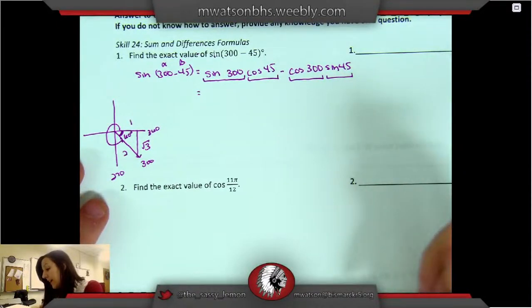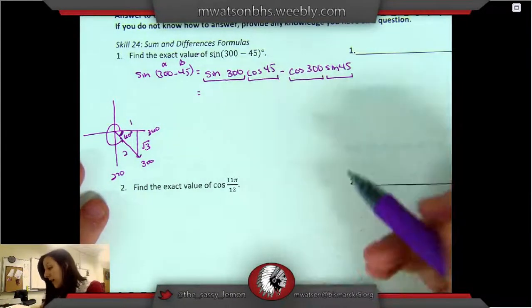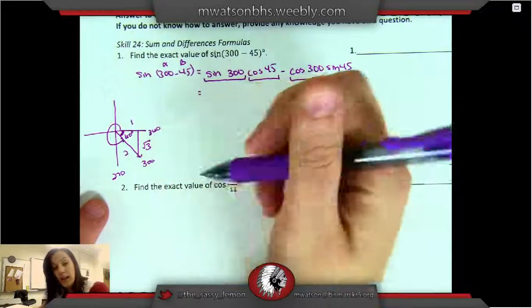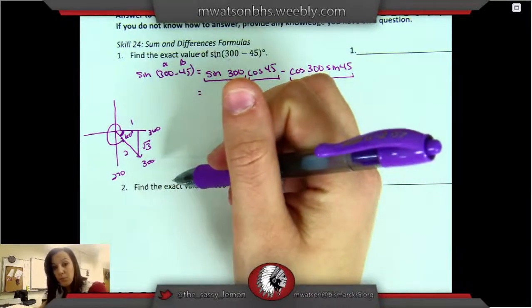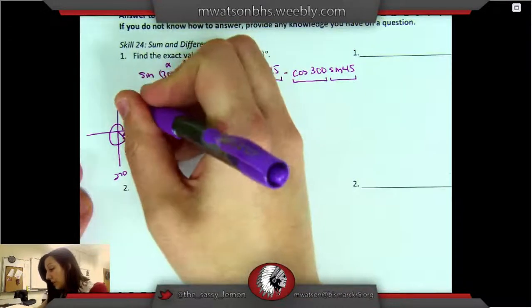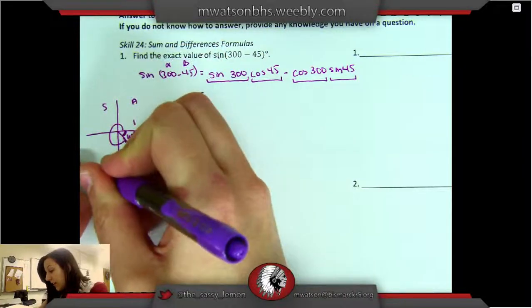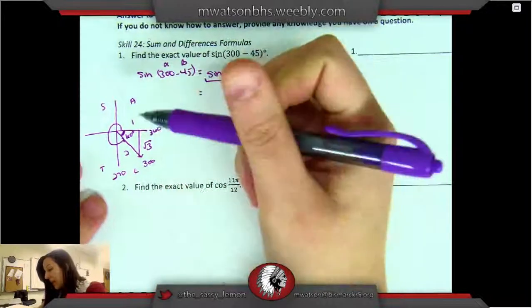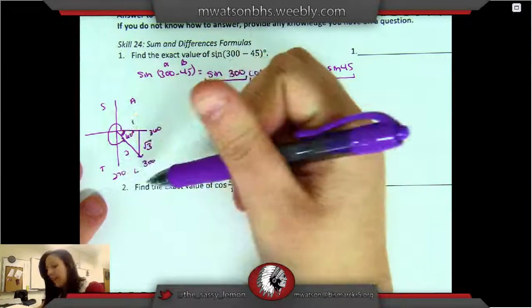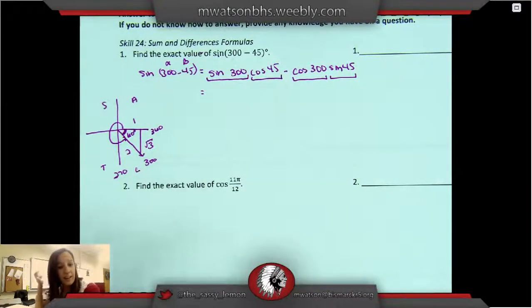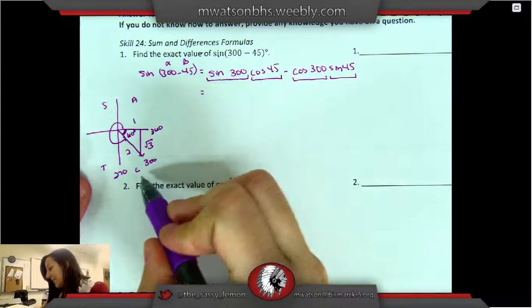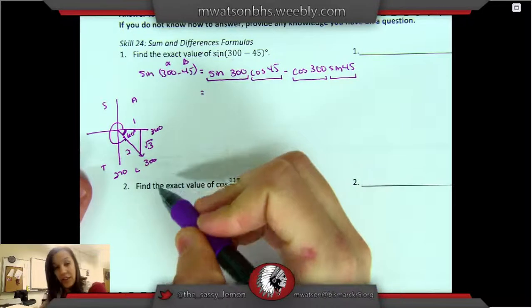One last thing before I actually start plugging in here is the sign, like positive or negative, changes depending on your quadrant. So we need to remember All Students Take Calculus, okay? And that means that sine of 300 is actually going to be negative.